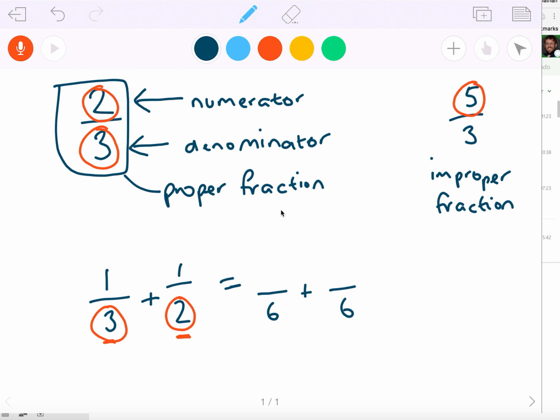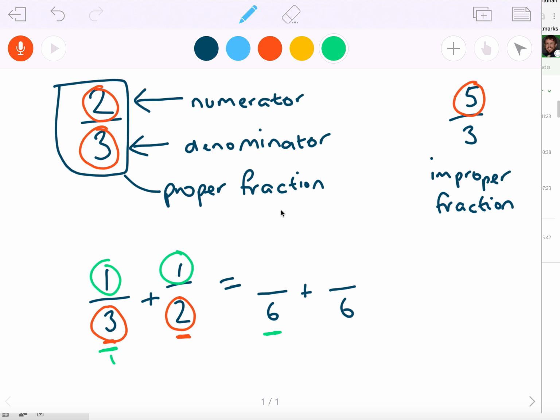Because I've changed the denominator, I'm also going to have to do something to the numerator, because obviously 1/6 is not the same as 1/3. What I need to do to the numerator is the same thing that I did to the denominator. I had 3 here, and I want to make it into 6. What have I done to 3 to make it into 6?